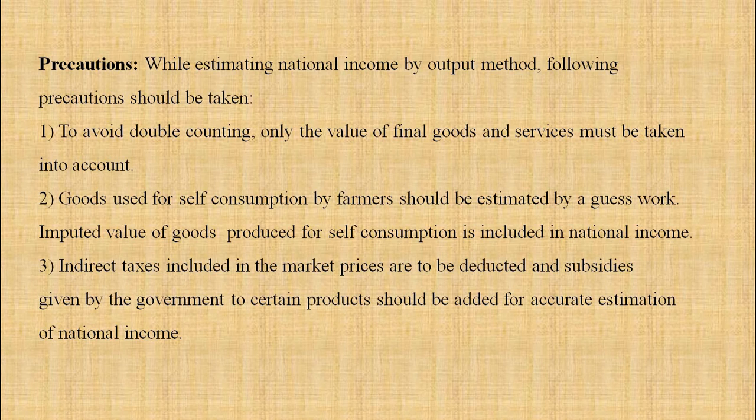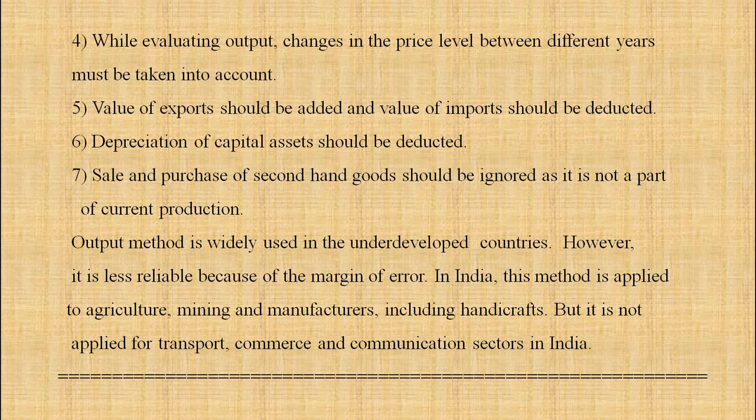Imputed value of goods produced for self-consumption is included in national income. Third, indirect taxes included in the market prices are to be deducted, and subsidies given by the government to certain products should be added for accurate estimation of national income. This is the first method, product method.